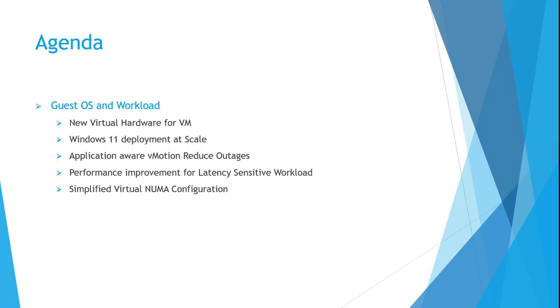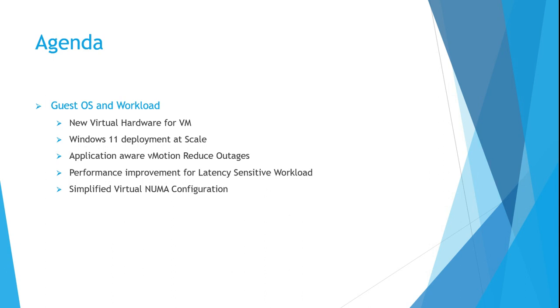Application aware vMotion to reduce outages. So we have, about time, I guess. VMware or application owners have realized that most of the workload is virtual machines, and the applications should be aware of workload moving from one host to another.